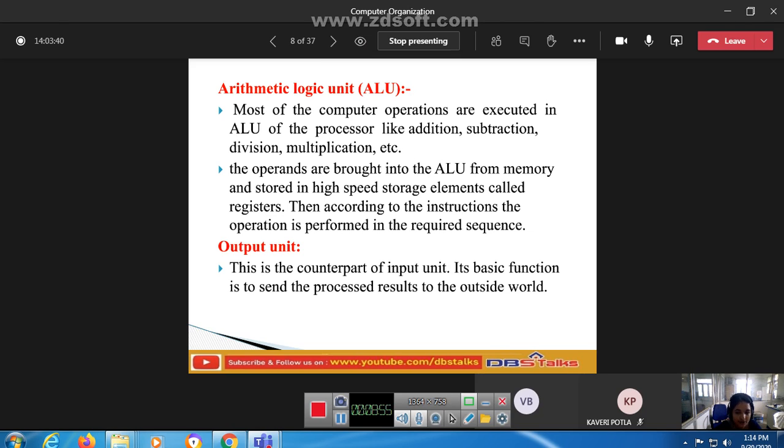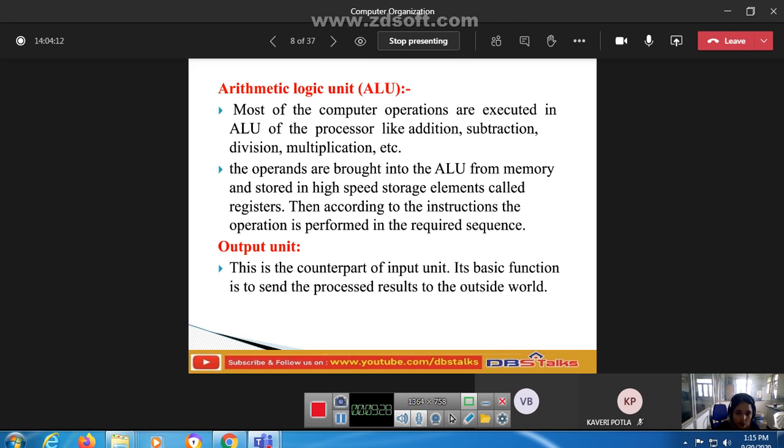According to the instructions, the operations are performed in the required sequence. The control unit and ALU are many times faster than other devices connected to the computer system. A single processor can control a number of external devices such as keyboards, displays, magnetic and optical disks, sensors, and other mechanical controllers. This is called the arithmetic logic unit.